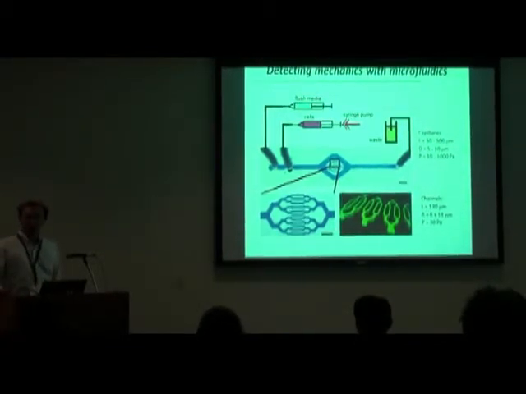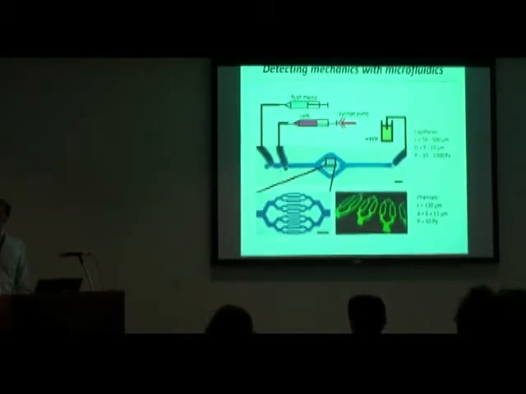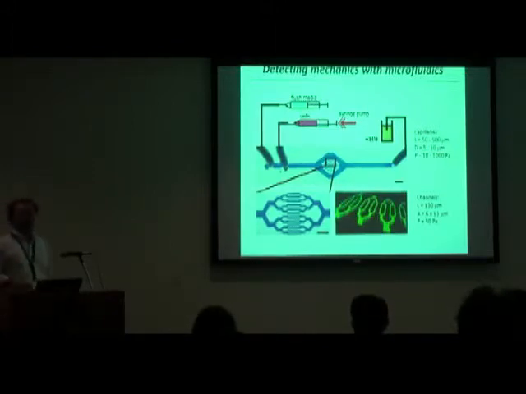But AFMs are not convenient things to have in a hospital. You're not going to probably find any hospitals that routinely will measure samples with an AFM. So there's got to be a better way of quantifying stiffness. And so we set out to try at least one way, and microfluidics offers some possibilities. We simply built a system in which we could look at the transit time of different cell populations.